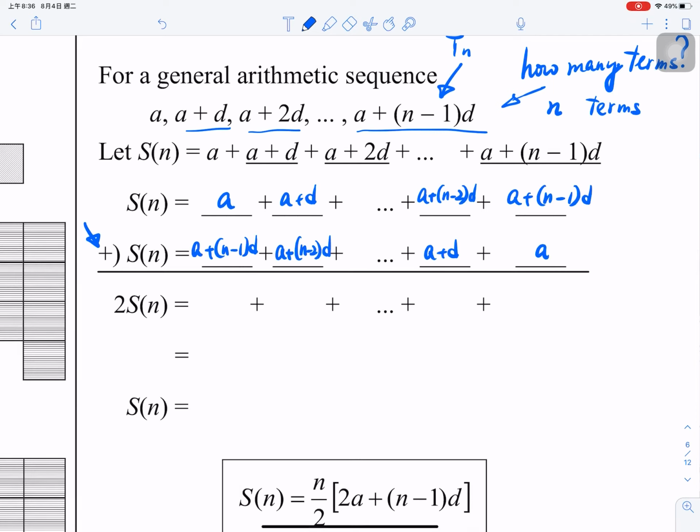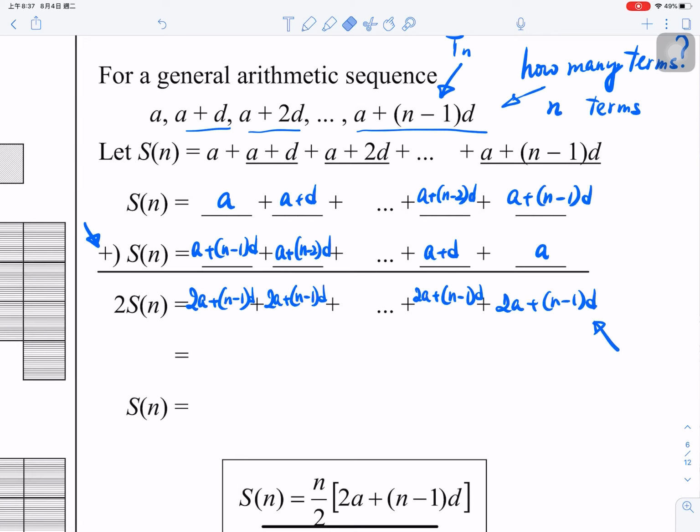When you add up these two series, you found that the first pair is 2A plus n minus 1 D. How about the second one? Again 2A plus n minus 1 D. The second last, 2A plus n minus 1 D. And the last one, 2A plus n minus 1 D. How many terms in total?